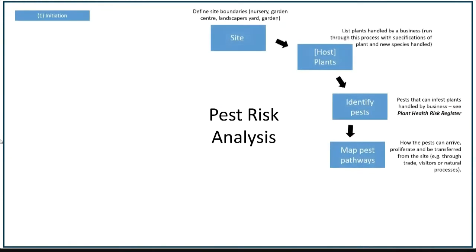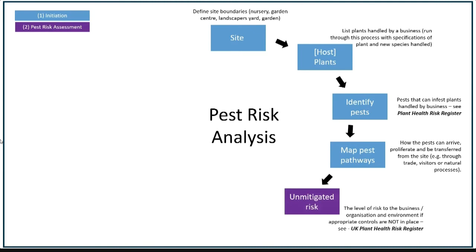The first stage is initiation. Identify the extent of a site or sites. List all of the host plants grown and handled. Identify the pests associated with the host plants, and map the pest pathways onto the site. The second stage is assessing the unmitigated plant biosecurity risk from the business or organization's operations.